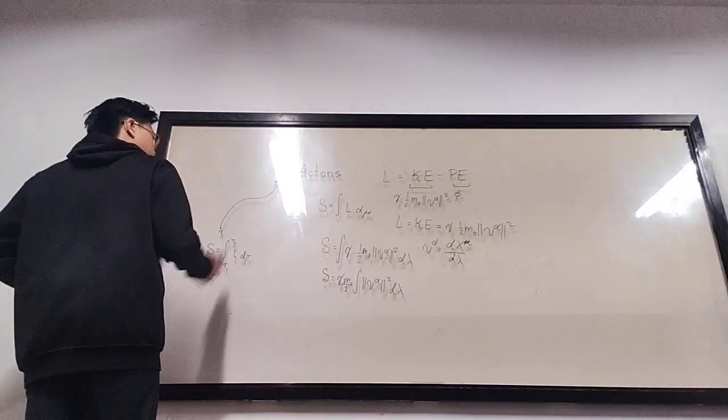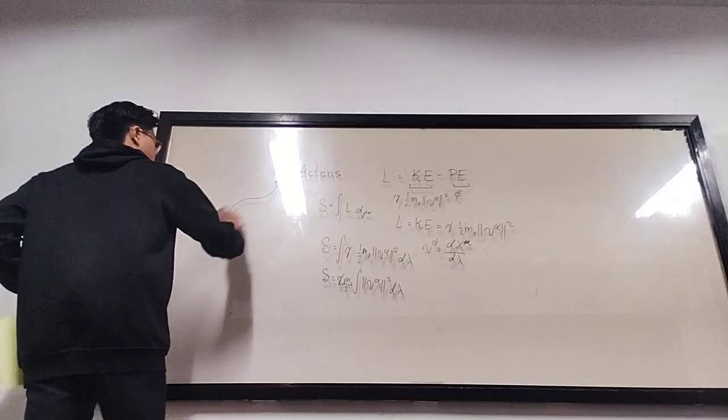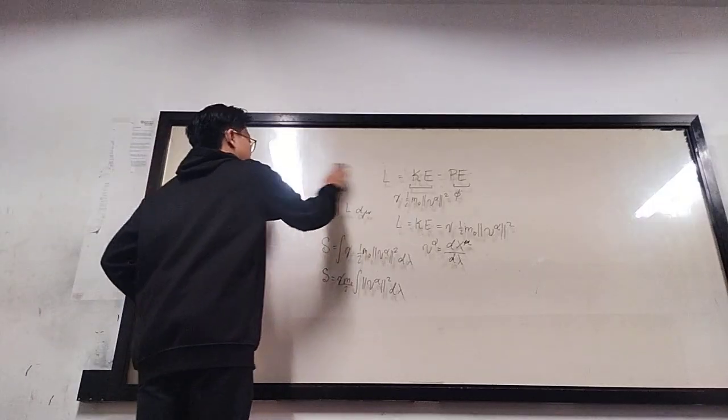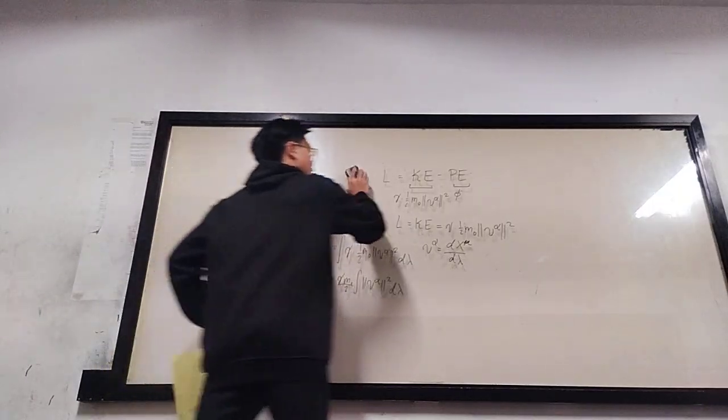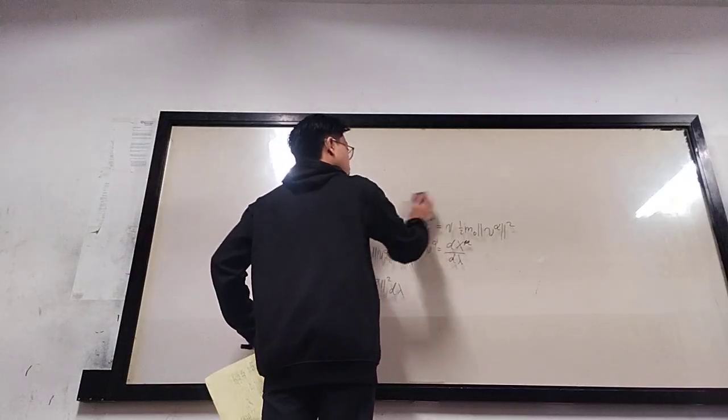Now, let's get into the general form of the action for a massless particle. Now, things are much different when we consider an arbitrary metric tensor, g mu nu.